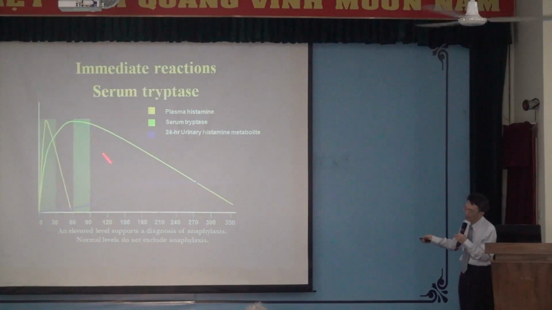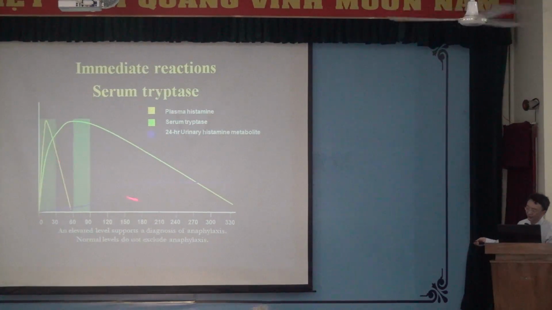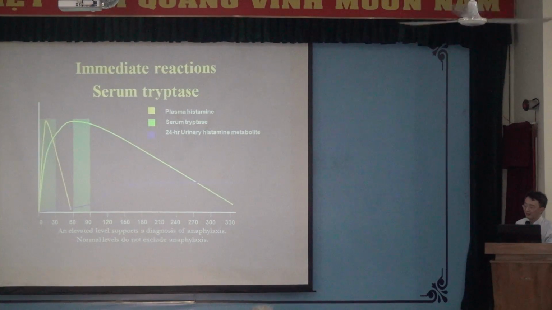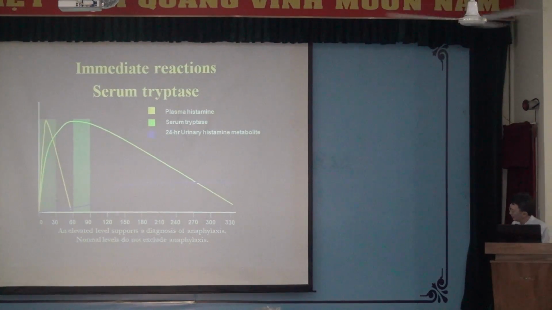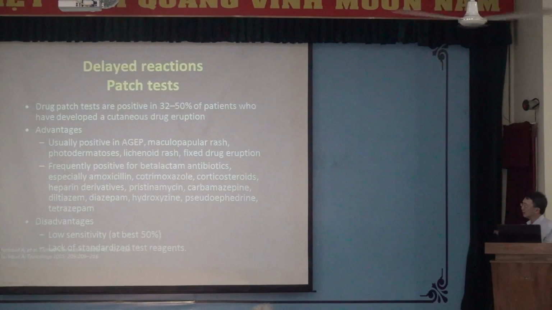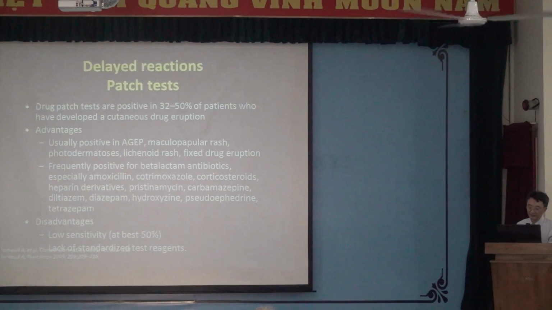But I just want to emphasize that it is only for research purposes, because the patient already has a very strong and very clear anaphylaxis symptom. You never use this kind of test to know that anaphylaxis has already come out. So definitely you have to depend on the clinical presentation.